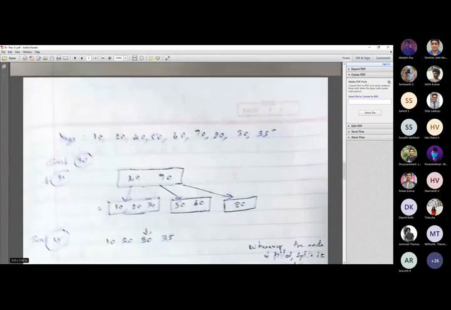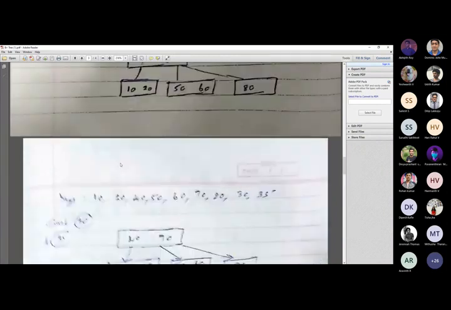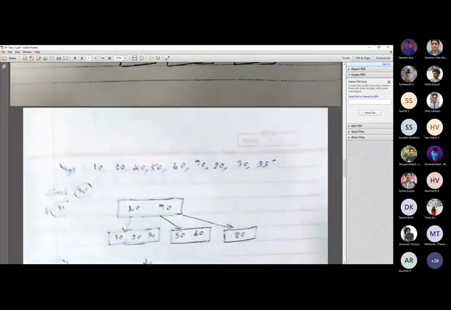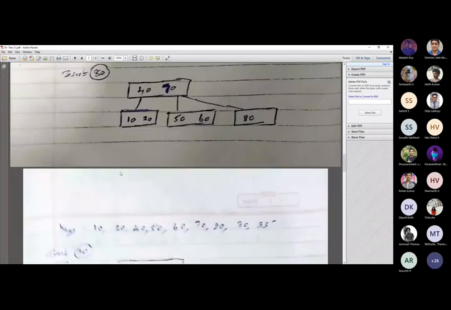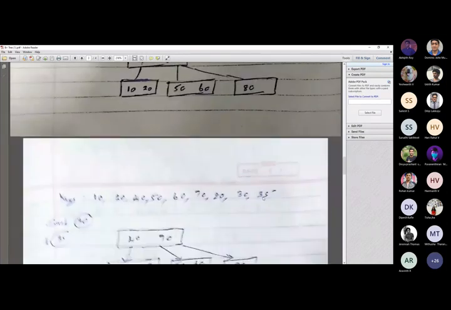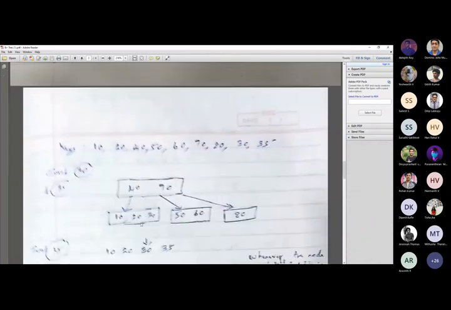Similarly, now we will continuously try to add more keys into the B tree. Let us insert 30 and 35. You can have 3 keys in this B tree, so 30 can be inserted.